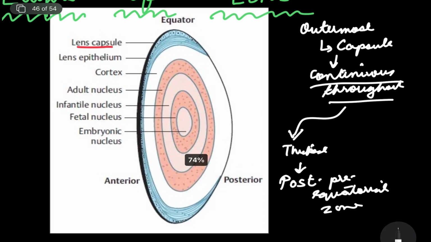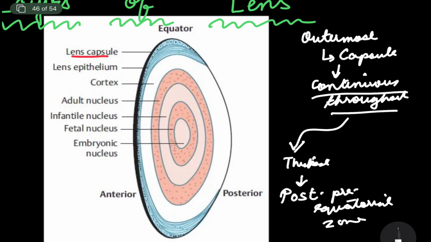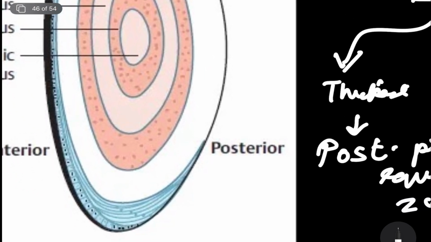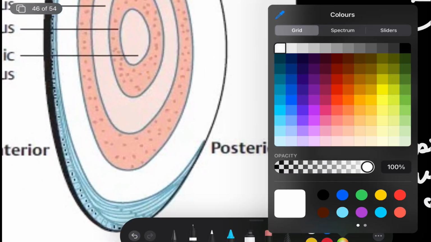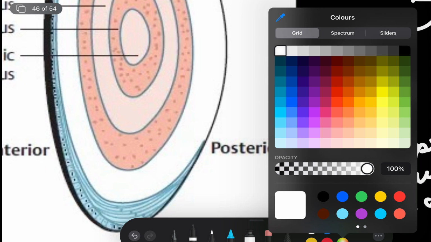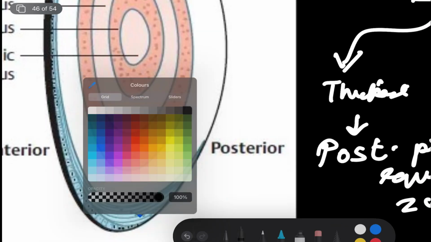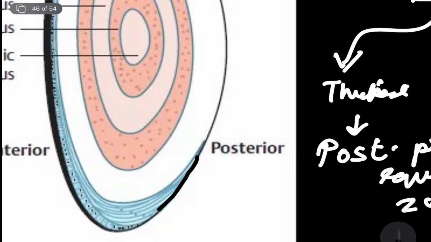See, although this image is not drawn exactly accurately, I would say, because over here you can see somewhere over here, let me just make this correction myself. Over here the lens capsule will be the thickest. This part is the posterior part. First of all, understand that this is the posterior.